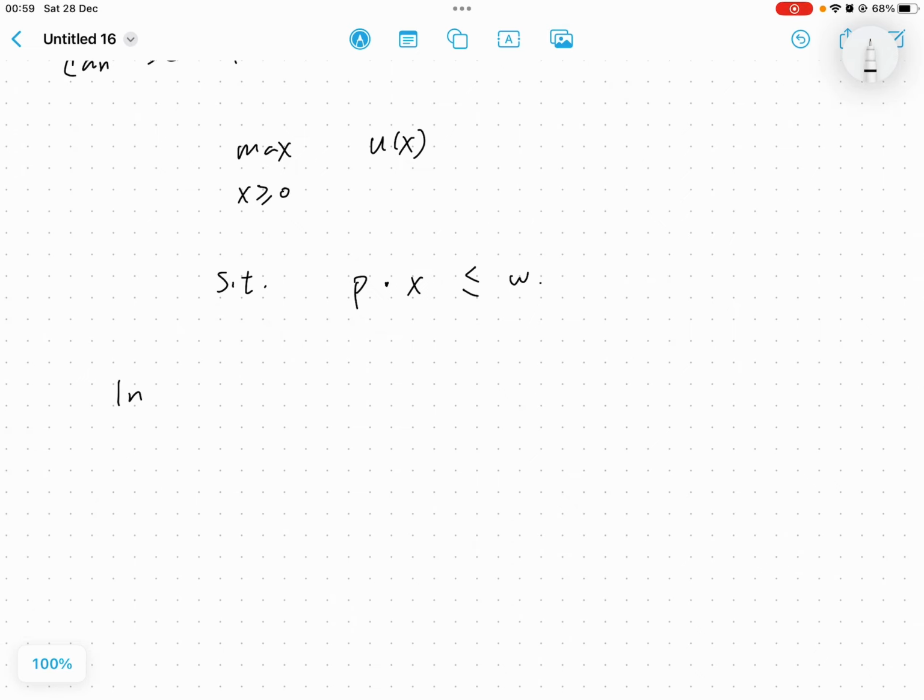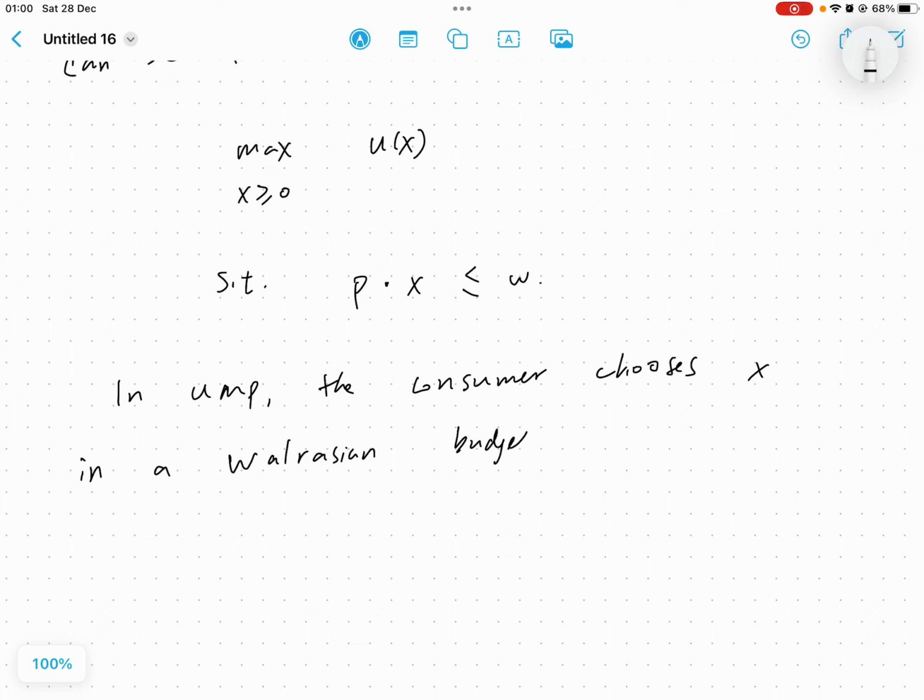So in UMP, the consumer chooses consumption bundle x in a Walrasian budget set.